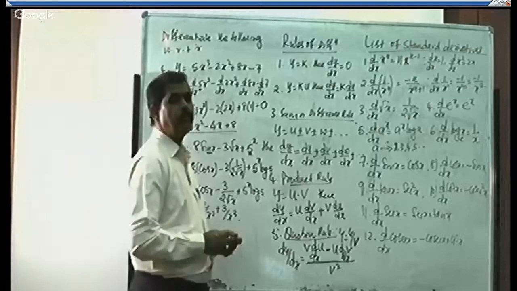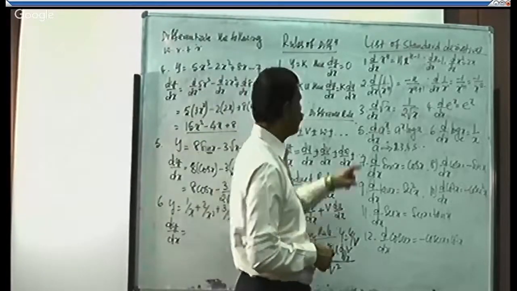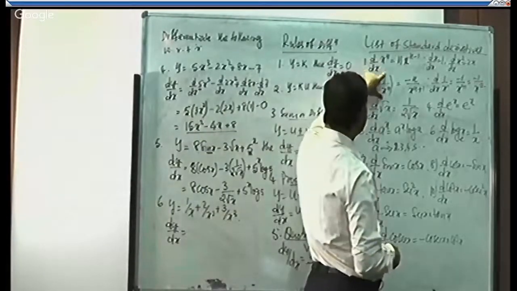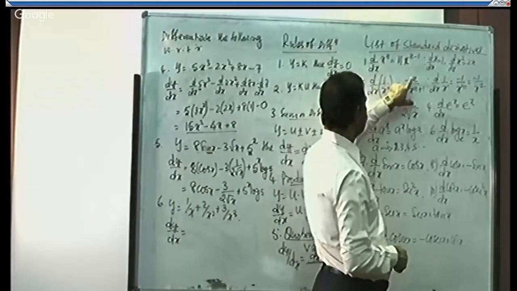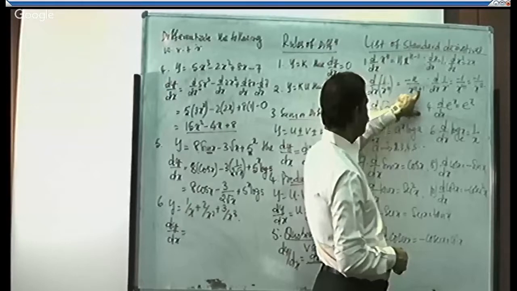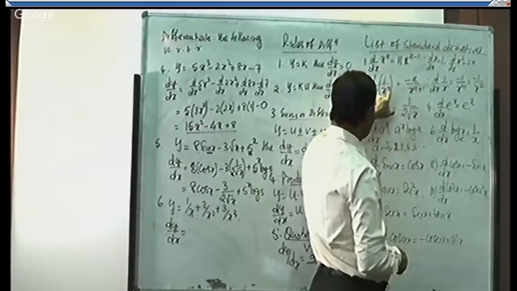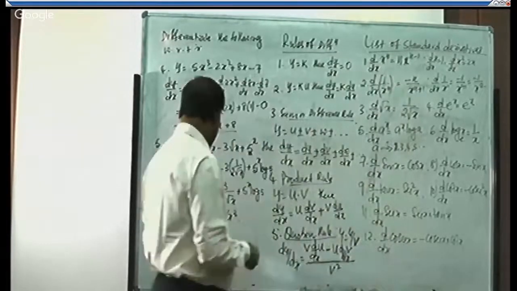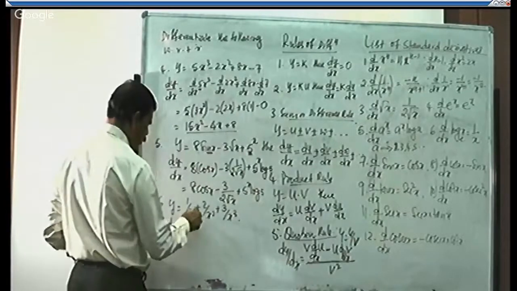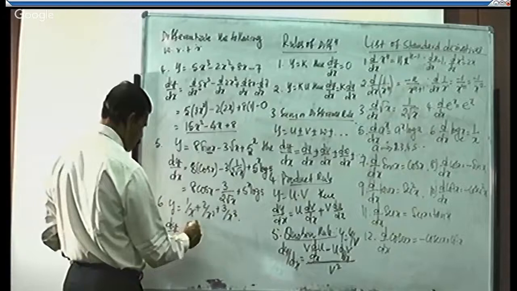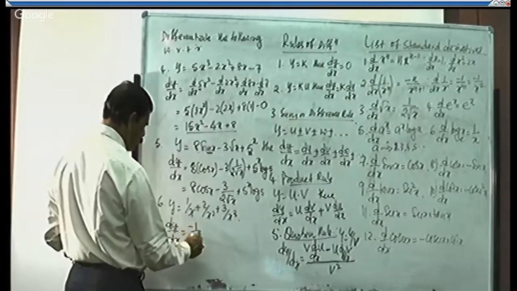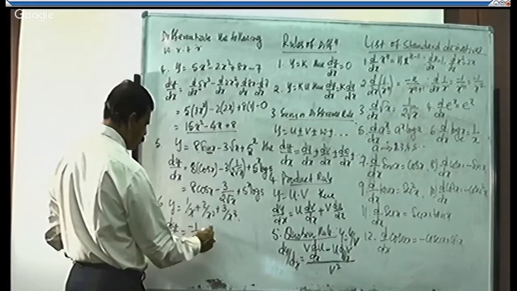On which formula should we differentiate it? See, 1 by x to the power of n is minus n by x to the power of n plus 1. n is what? n is 1, correct?